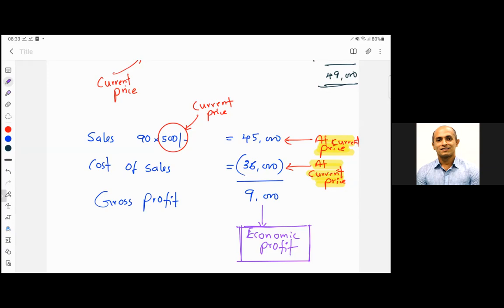Now, if the profit includes some other things, then you are not getting real analysis information. But under LIFO costing, you have the economic profit, because price level changes have no impact on profit.